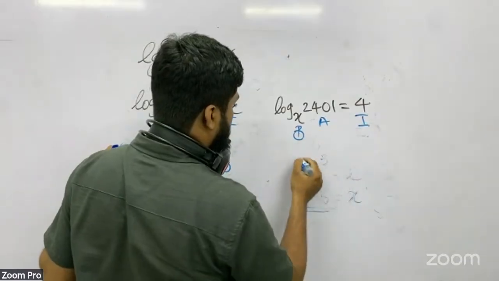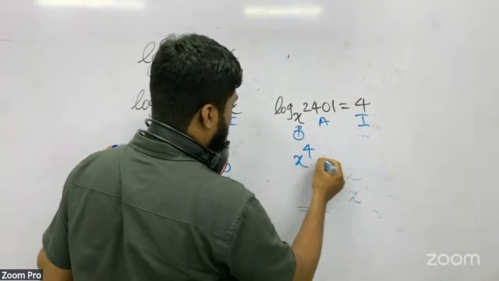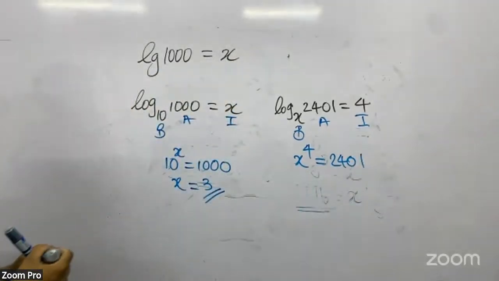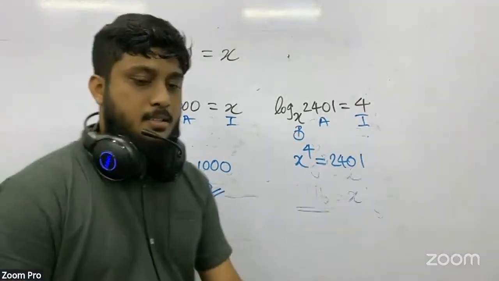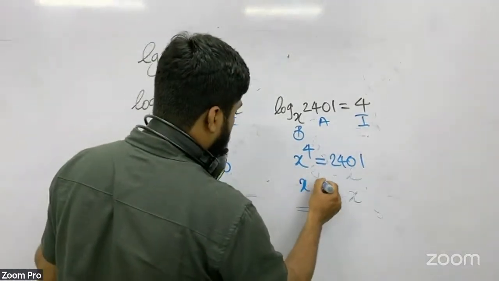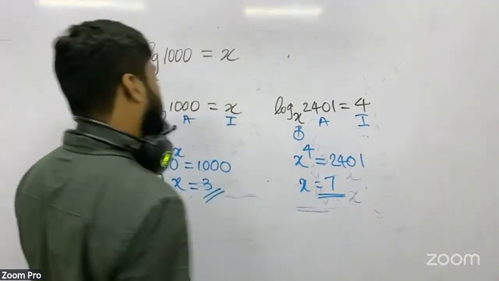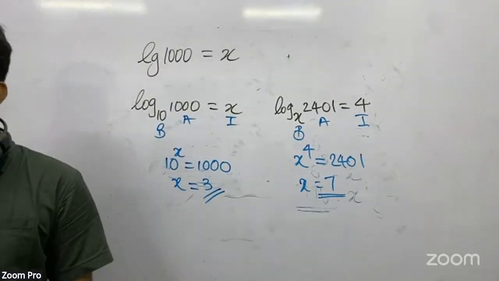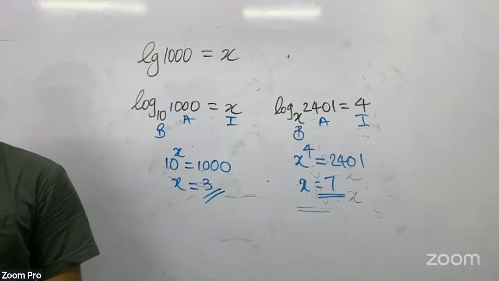So what is the base? x. Index 4. Answer 2401. So x to the power 4 is equal to 2401. Then what should be x? x should be 7. So x is equal to 7. Is it clear? Right, x is equal to 7.